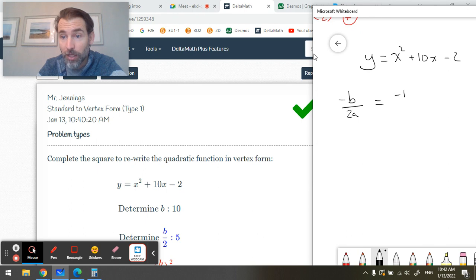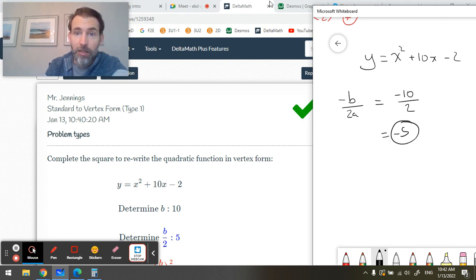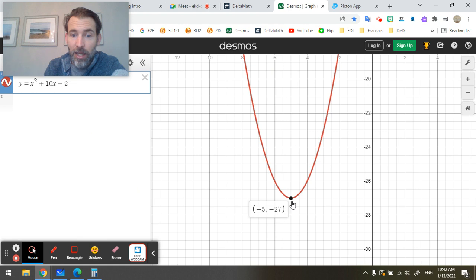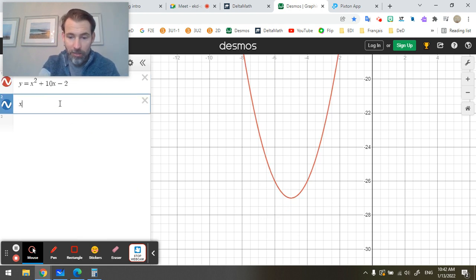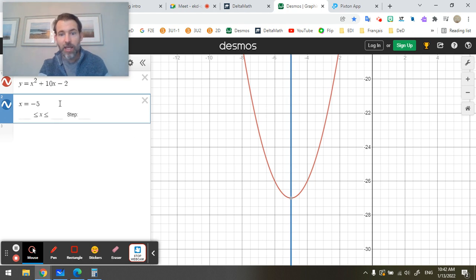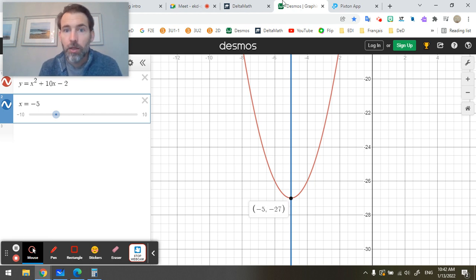That's equal to negative 10 over 2 times 1, so that's negative 10 over 2, which is negative 5. Notice that that has given us the x value of the vertex. If I graph the line x equals negative 5, that is the axis of symmetry for this parabola. The axis of symmetry passes through the vertex.